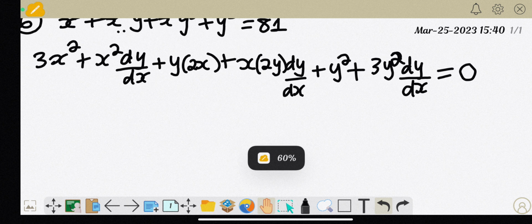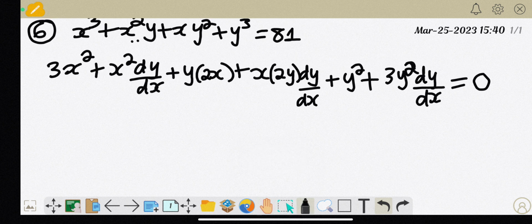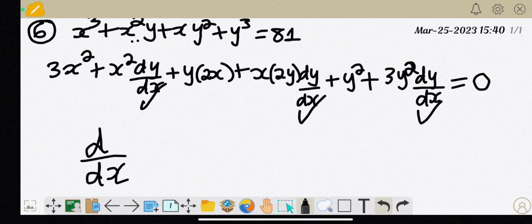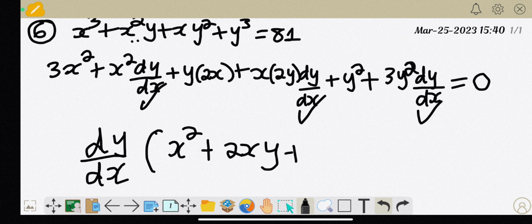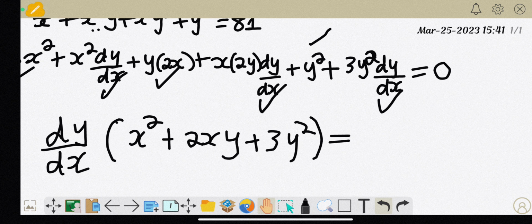Now what you do is simplification. Here this term has dy by dx, this term has dy by dx, this term has dy by dx. So dy by dx into x square plus 2xy plus 3y square. And this term doesn't contain dy by dx with it, right?